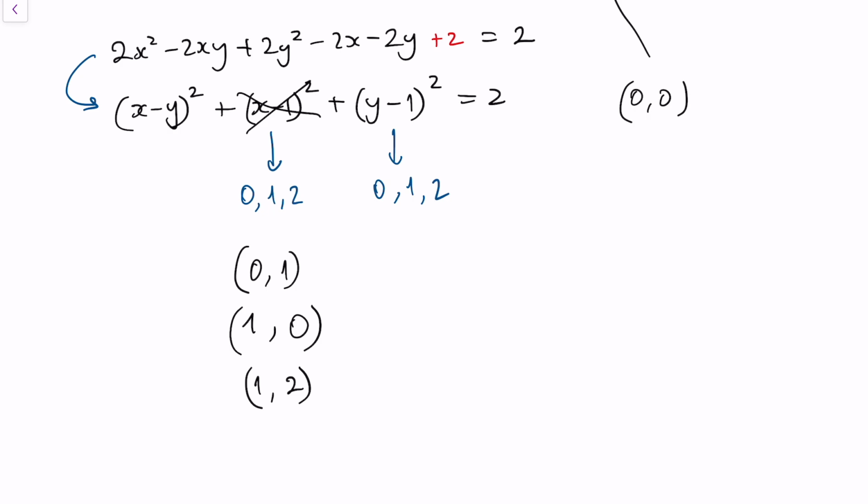So that solves the equation as well, and it's not hard to guess that 2, 1 will also be a solution. The last possibility is 2, 2, because we set the first term to 0, and the other two give us 1 squared plus 1 squared, which is 1 plus 1, equal to 2.